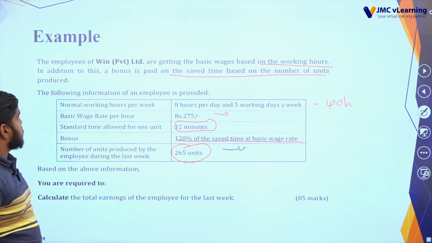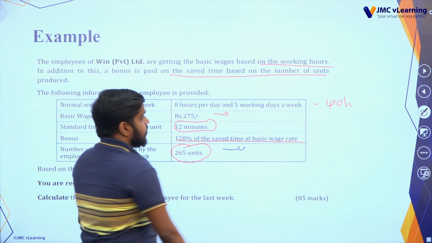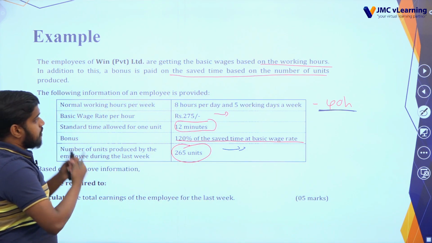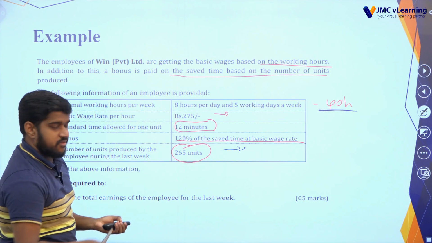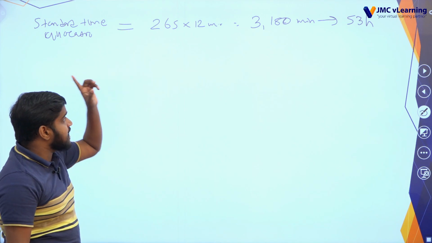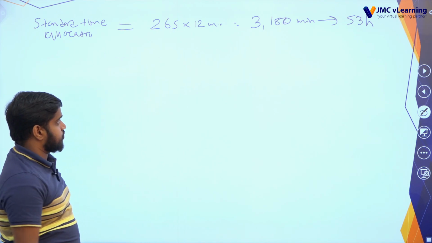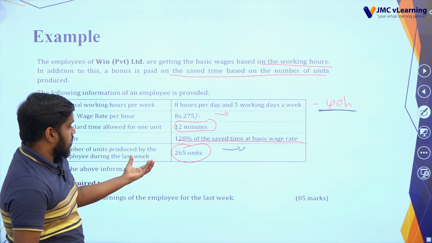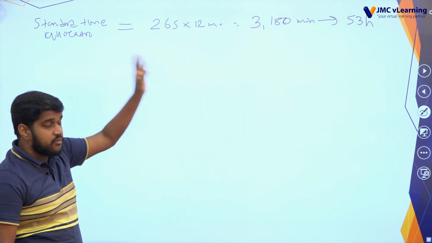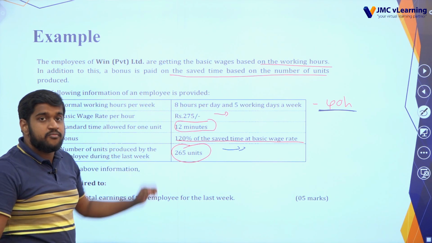But the normal working hours per week is 40 hours. That means this employee worked only 40 hours, but during these 40 hours he did 53 hours of allocated work. The total allocated time for these 265 units is 53 hours, but this employee completed it within 40 hours.